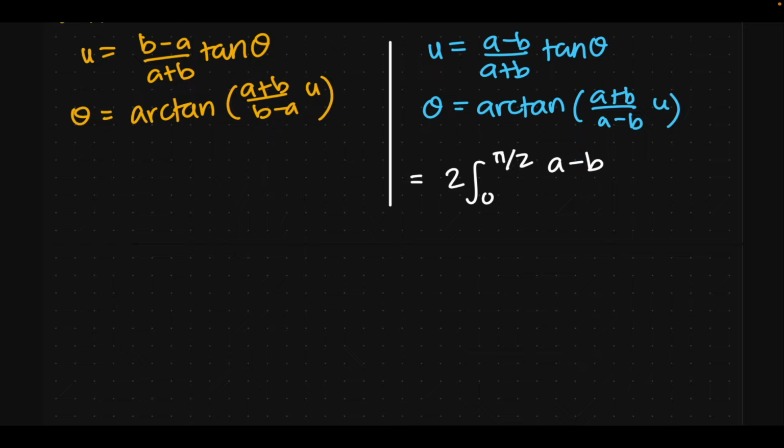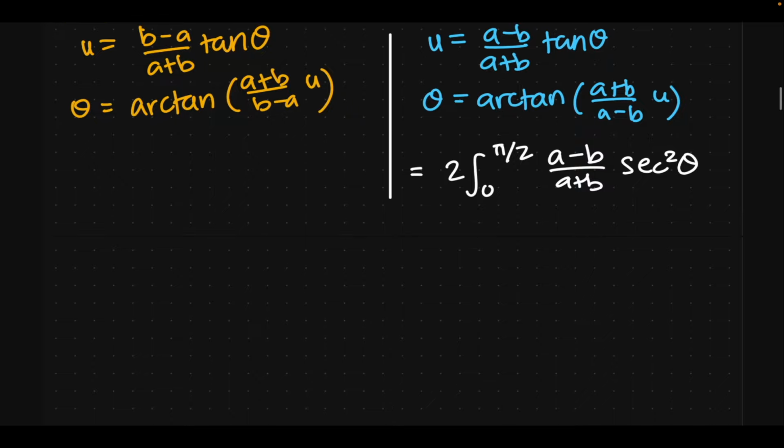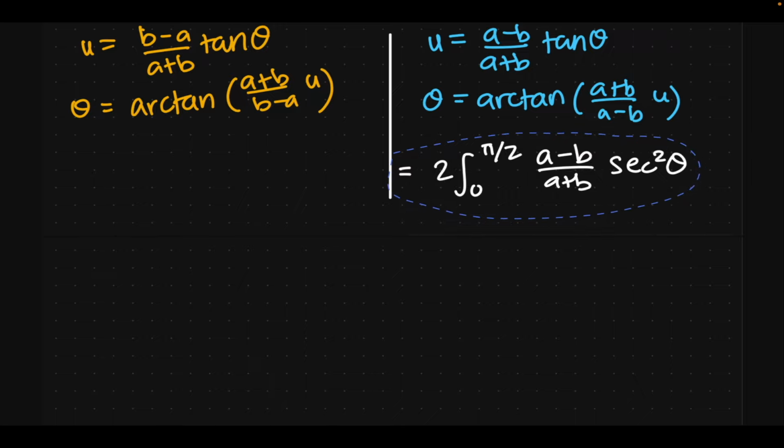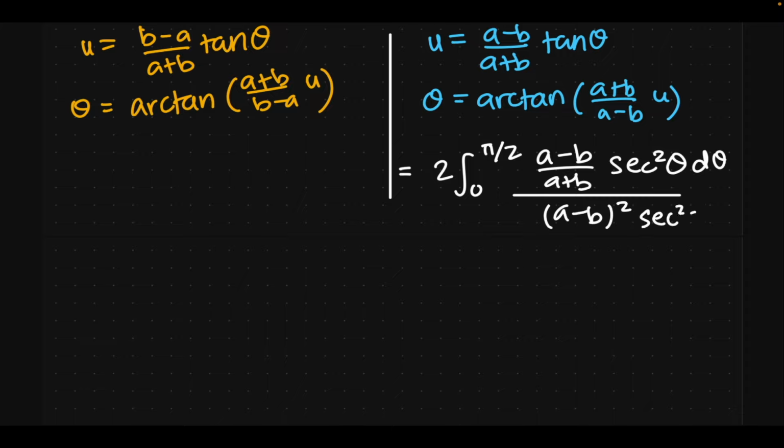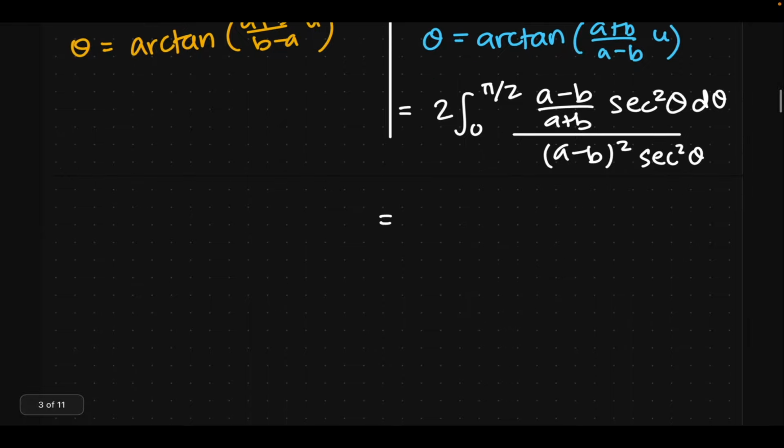We will have (a minus b) over (a plus b) secant squared theta d theta, divided by (a minus b) squared secant squared theta. And out of all of this, we'll see some factors cancel out, giving pi over a squared minus b squared.